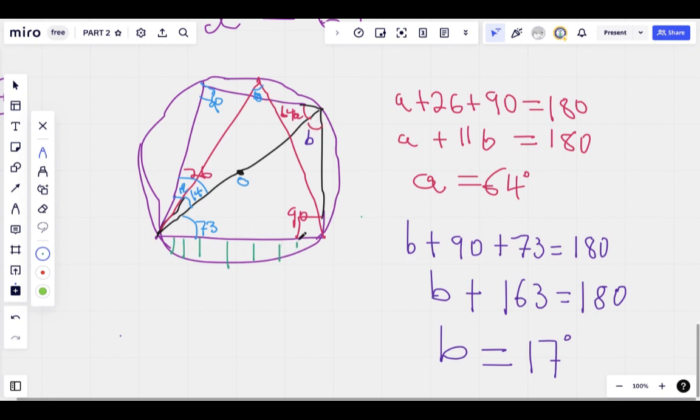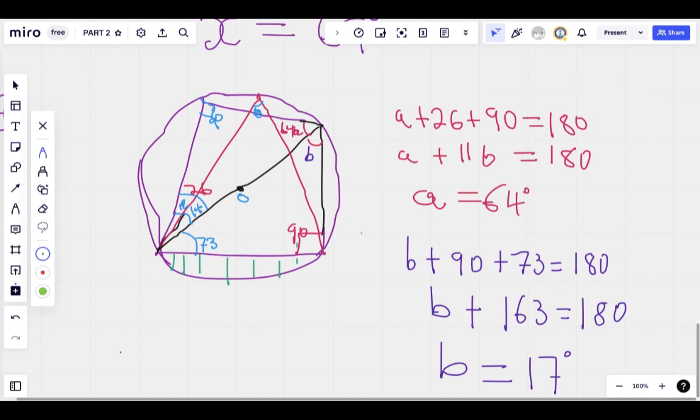They are both standing on this segment. Angles on the same segments are equal. That's the segment rule. Angles on the circumference standing on the same segments are equal. So if here is 70, here will be 70 as well.